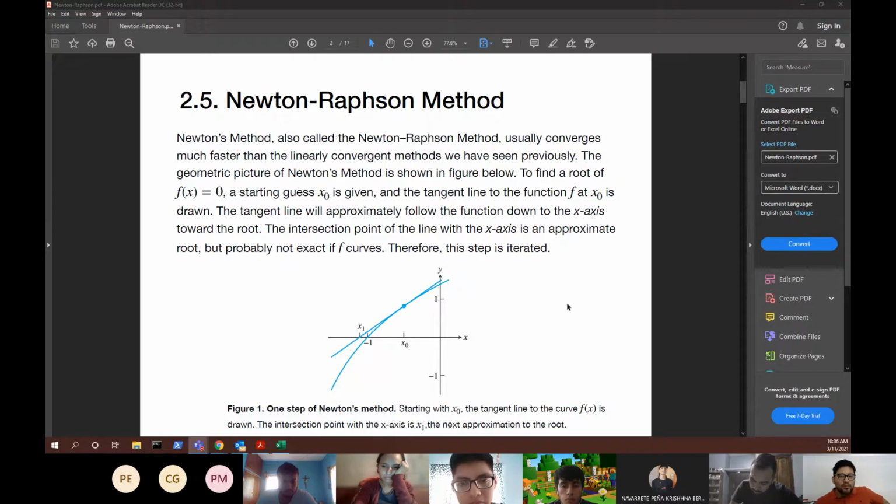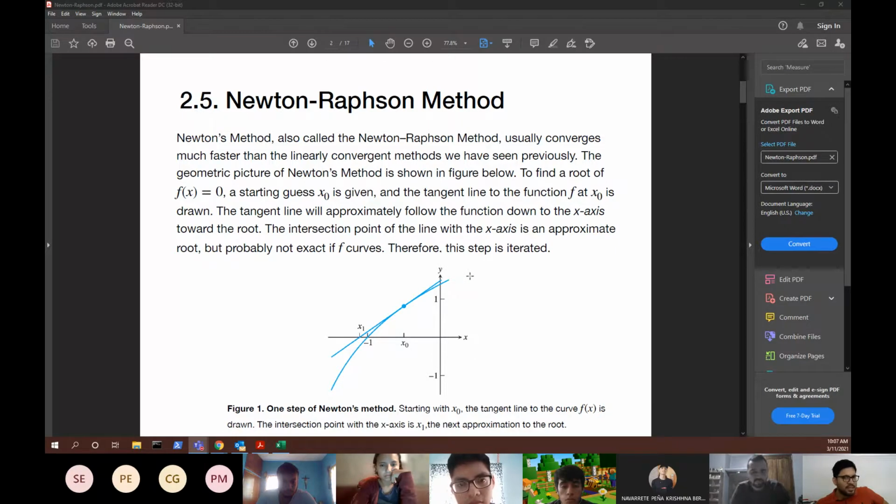Essentially, what we're doing in Newton's method is this: you have a line, and then you have a certain curve. This line gives you the tangent, not the secant, sorry, the tangent of the curve.